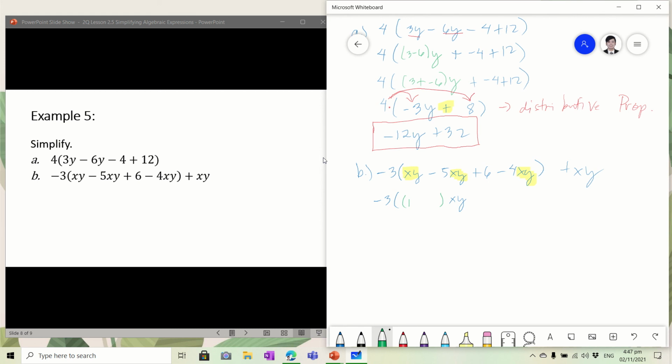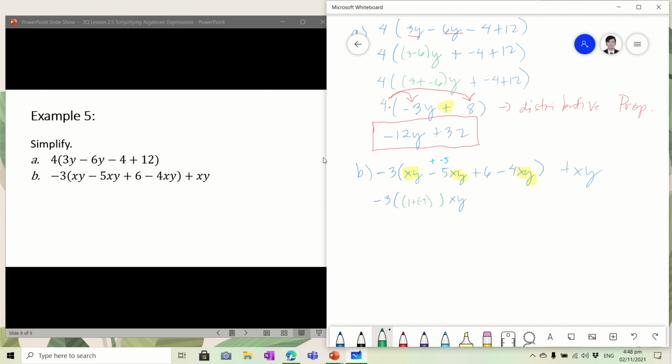Then here, the numerical coefficient is a 5. But since it's a minus, we're supposed to change this minus to a plus later. So the 5 becomes a negative 5. So as early as now, think of it as the sign of the 5. So plus negative 5.